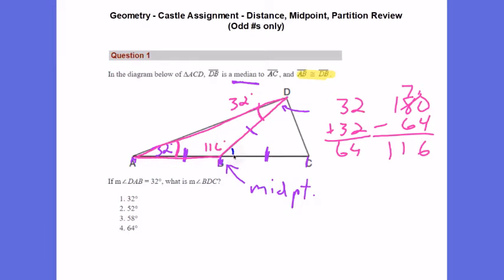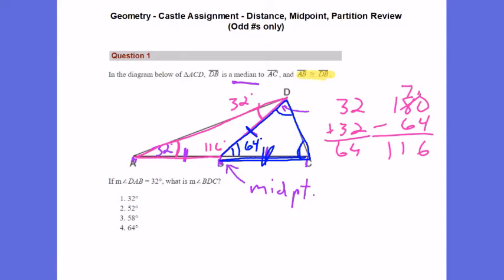Now that can also give us the one next to it. It's a linear pair. They're on a straight line. So that means that this angle is 64 degrees, and if you'd notice then, this triangle has two sides that are the same, here and here, which means that these two angles that I'm highlighting right now are the same.